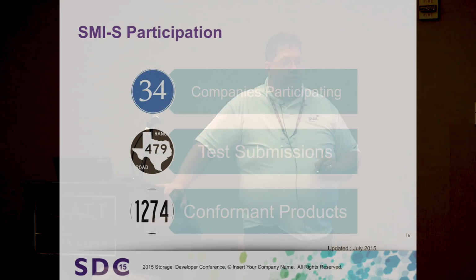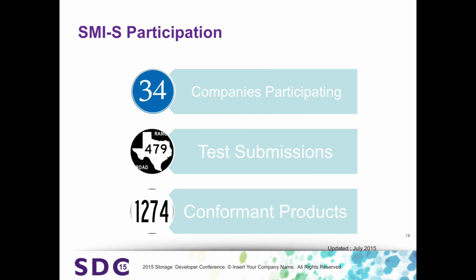But we've got almost 500 test submissions. That should tell you about how many products we really have. So if you have a product X, which has 3 variants, but they all run the same OS, you submit one test submission of the most complex one, and then all 3 of them get pulled in. That's why the conformant products number is much higher than test submissions.